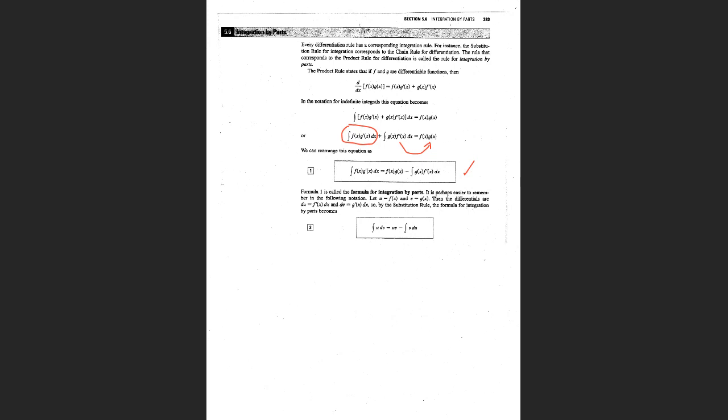That's called the formula for integration by parts. That's called your integration by parts formula.